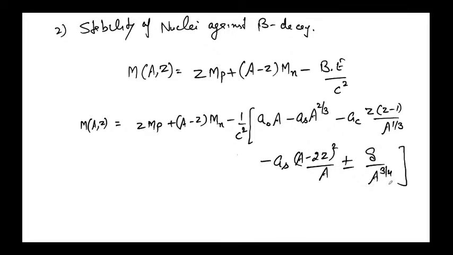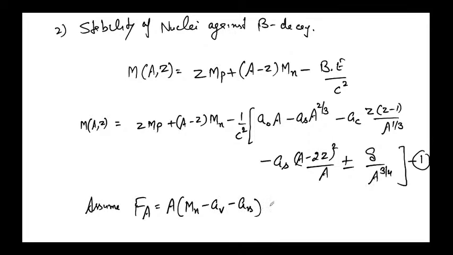Now from this equation number 1, if we try to derive its connection with the mass parabola, let me assume that Fa is equal to A times Mn minus the volume energy constant plus the asymmetry energy constant As A by 2. These are assumptions in order to derive a shortcut to the formula.